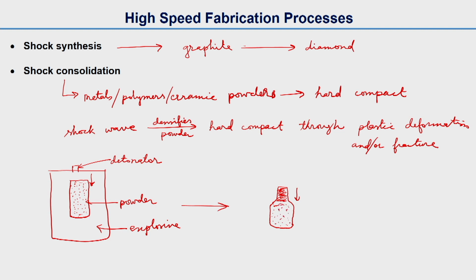This way, the commonly consolidated material is boron nitride, and diamond for cutting tools applications.